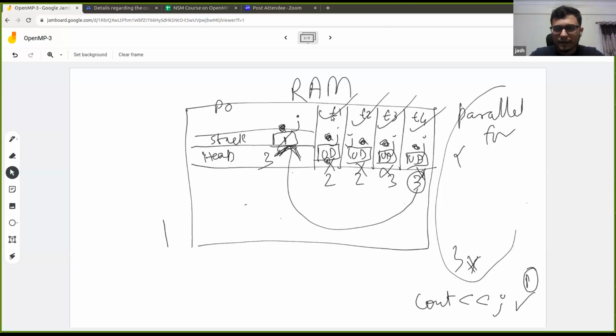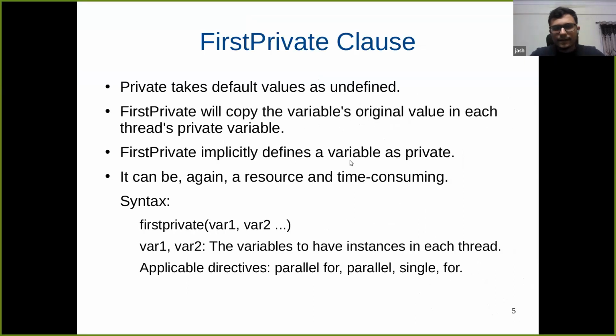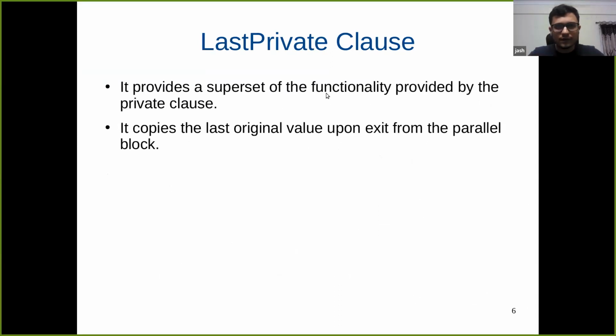Let me quickly go back to my slides. Yeah, so I think we covered all the points, right? Or not, for the lastprivate. It provides a superset of the functionality provided by the private clause, because apart from making a private copy, it also copies back the last values. And this we saw, right?